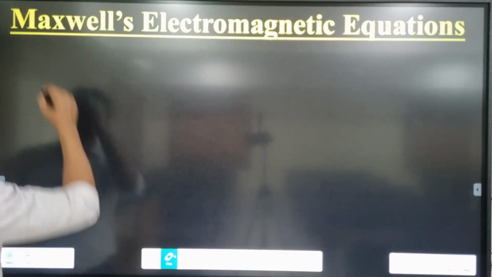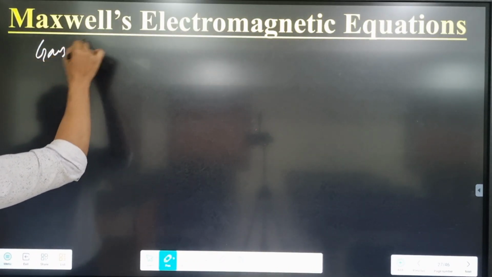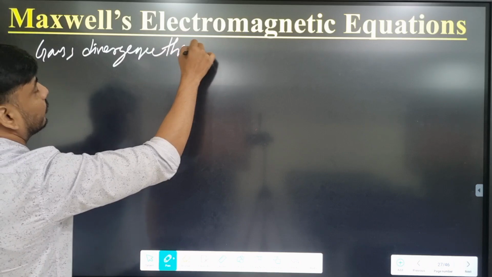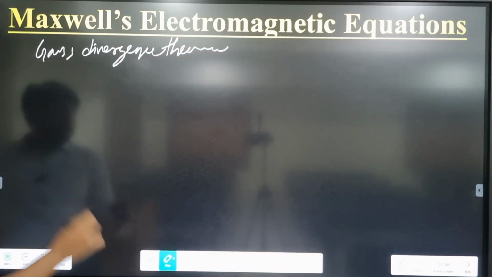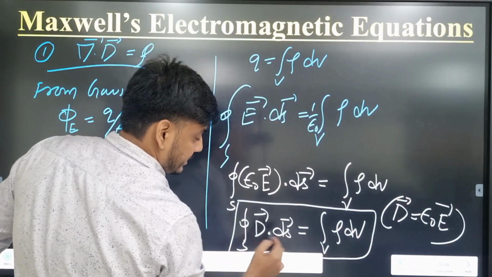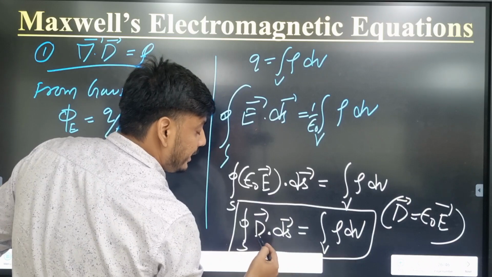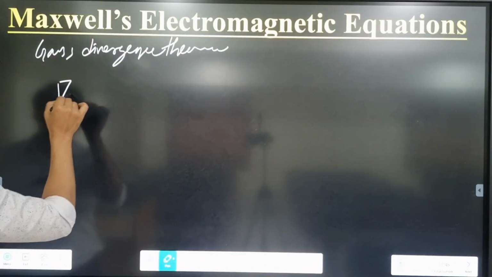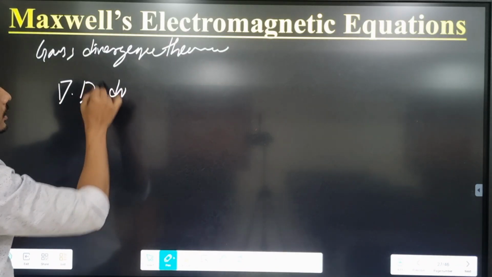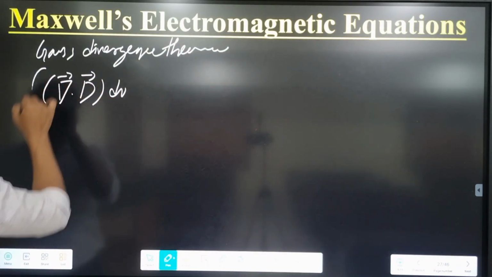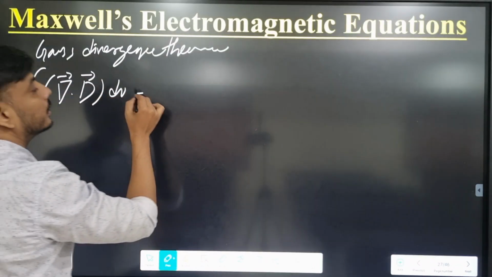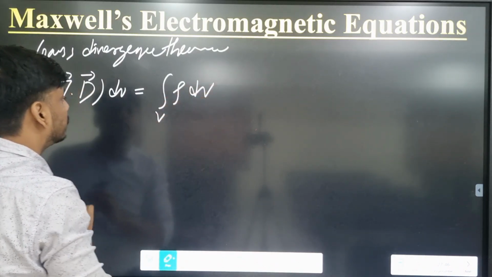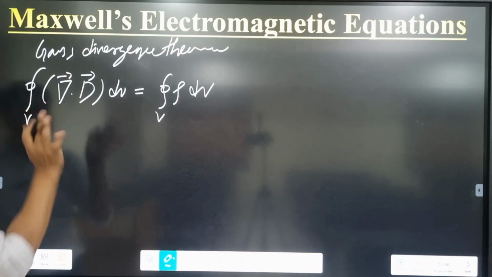If we use the Gauss divergence theorem on the left hand side, D dot dS becomes the integration over V of del dot D dV, equal to the integration over V of rho dV. Clear? The closed circle on the integral you can give or omit.